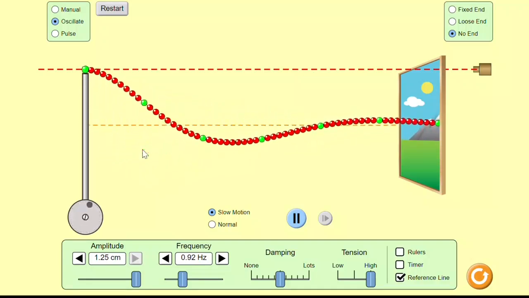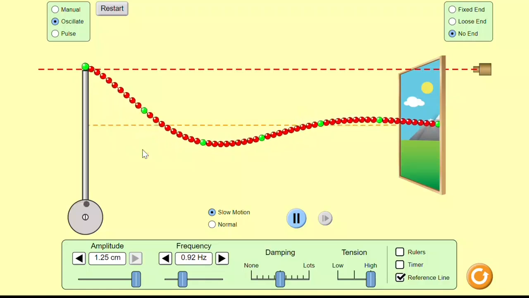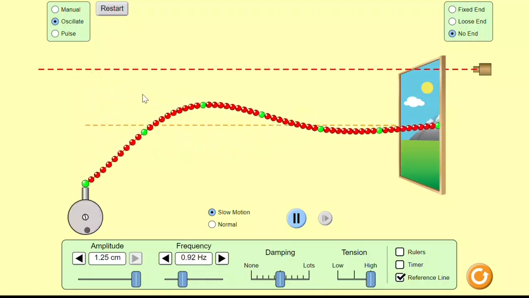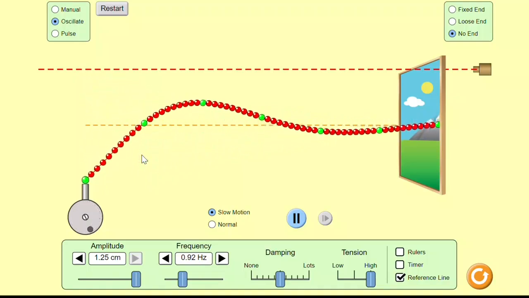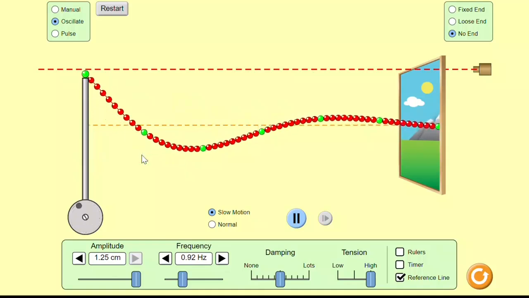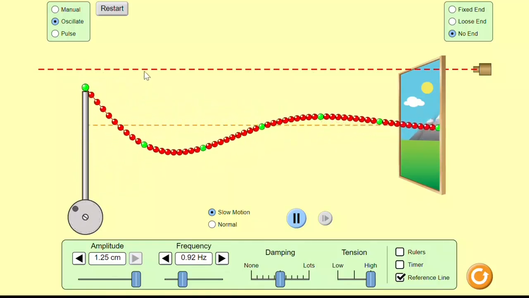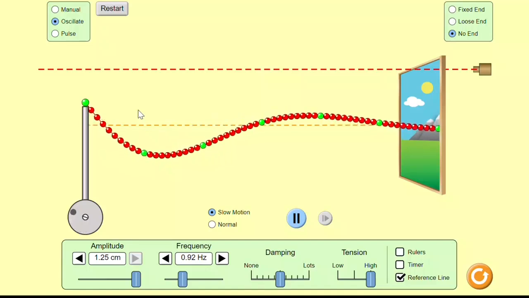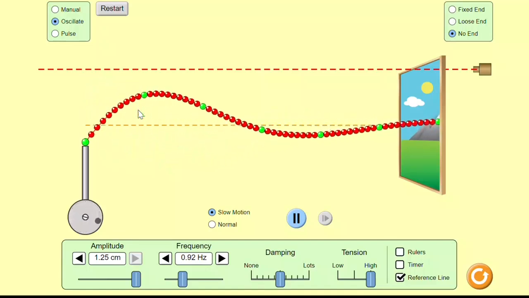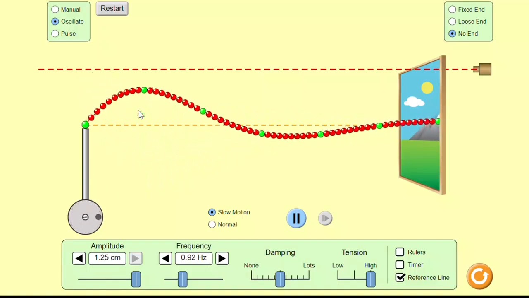Even though the wave is going to the right, the particles themselves, they're not going to the right. They're only going up and down. And the wave, the disturbance, is just passing through the particles. And that makes the particles go up and down, as we can clearly see here. So now, not only have we defined a transverse wave, we actually know what it means.